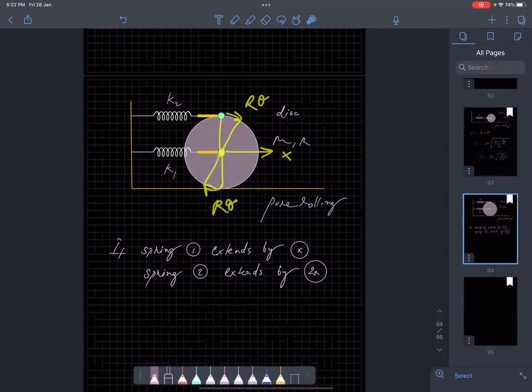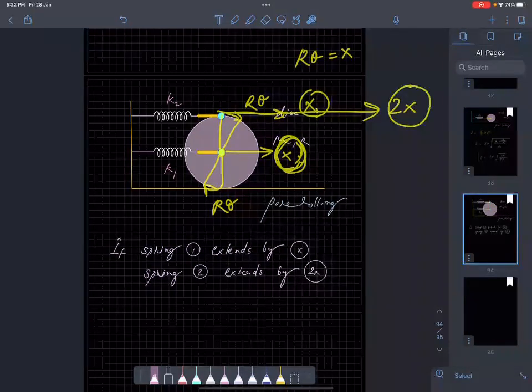For pure rolling, r theta must be equal to X. Now, if the center itself is moving towards right by X, and with respect to the center this point is moving towards right by X, then with respect to the ground this point will be moving towards right by 2X. And same thing for the bottom point.